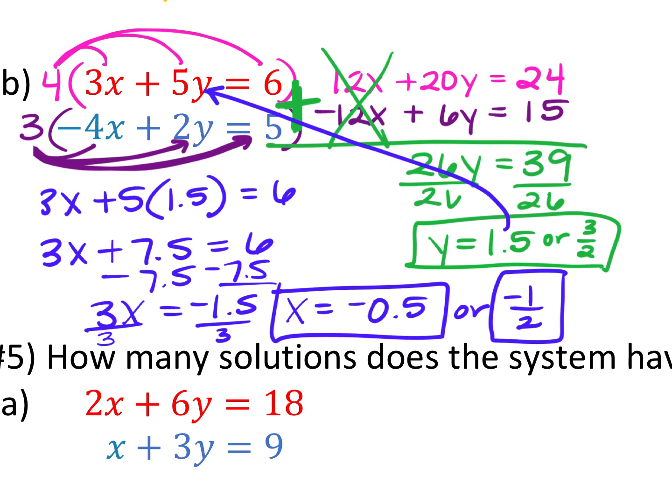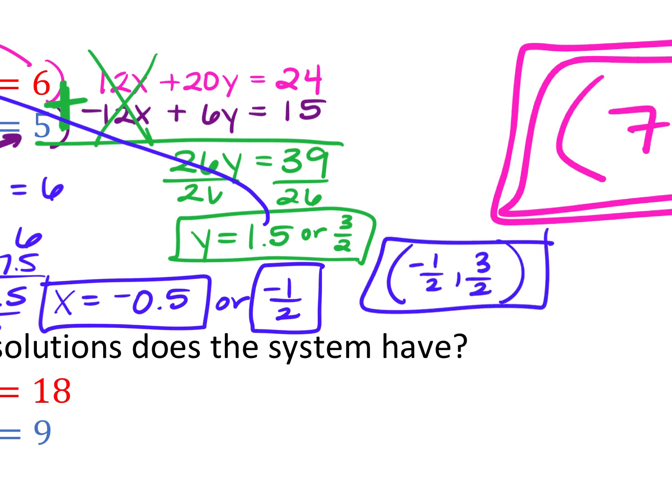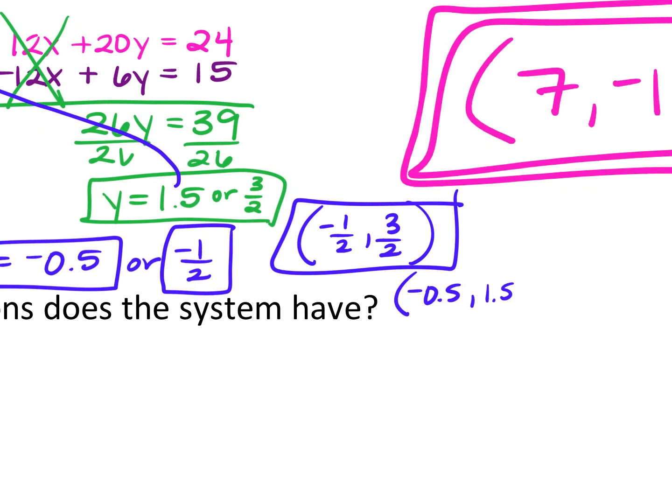Ultimately, your answer, if you treat that as a point, is the point negative 1/2, 3/2, or if you like the decimals better, negative 0.5, comma 1.5. So either one of those is great. Okay? Any questions on that?